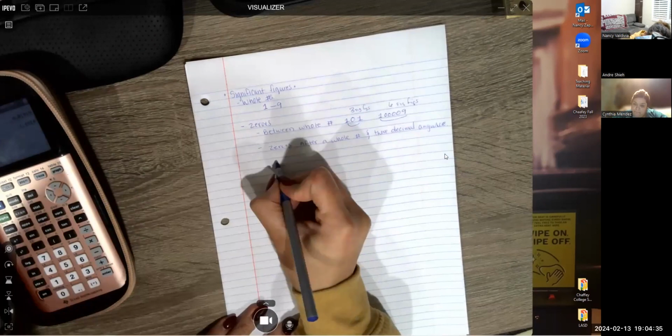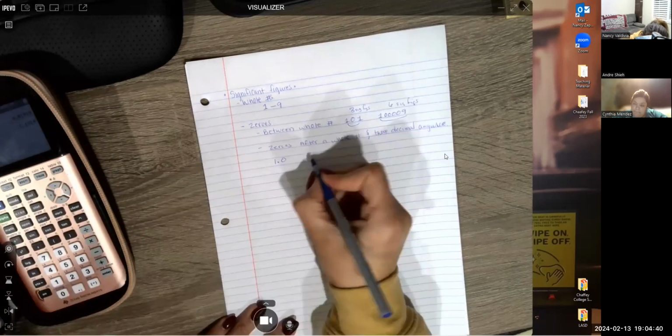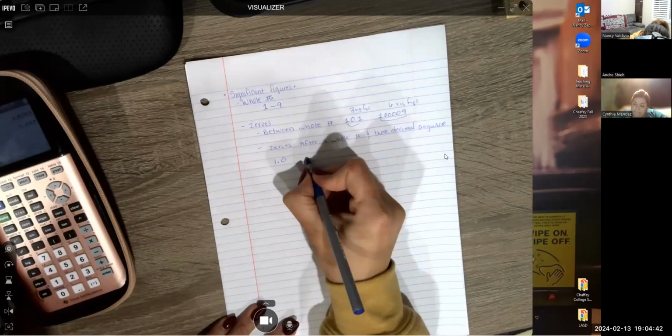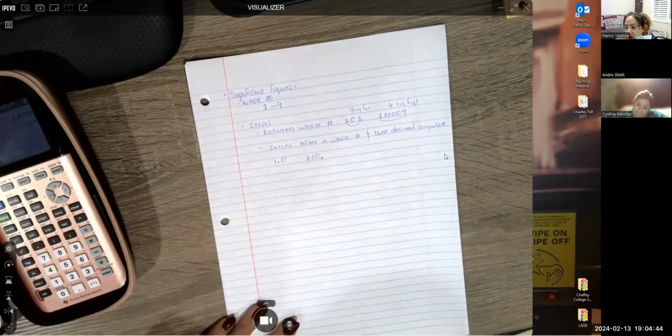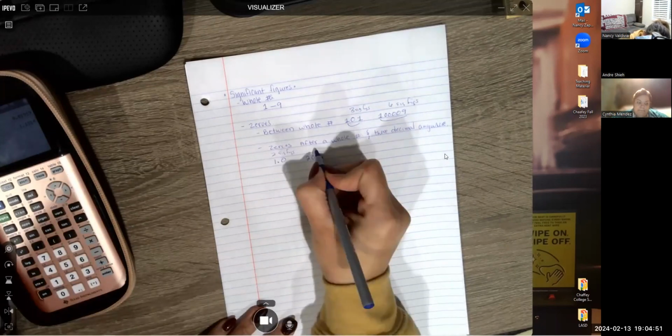That means the following: 1.0, that zero is significant, right? 200.0, those 2 zeros are significant. This has 2 sig figs. This one has 3 sig figs.